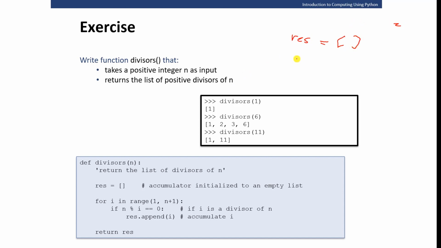Then I'm iterating from 1 to what, guys? To n plus 1, which is 7. That means I'm going to iterate up to 6, and 6 is included.